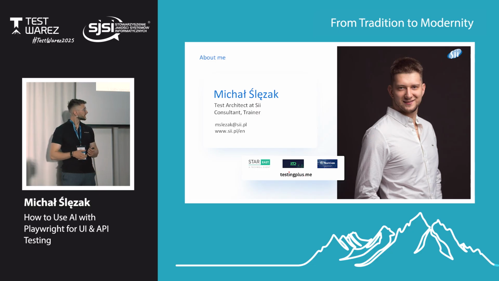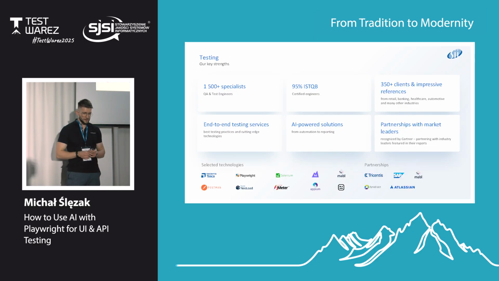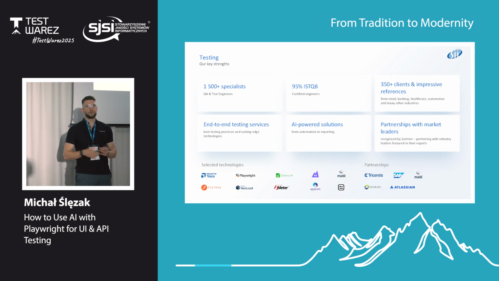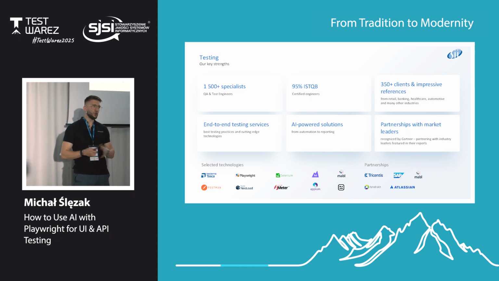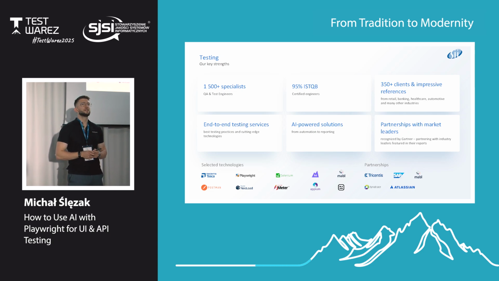Let's start with a few words about SII because, of course, if we talk about automation, it's very important that we need to have knowledge and scale to work with that. In our situation, at SII we have approximately 1,500 specialists in QA, so it's a lot.